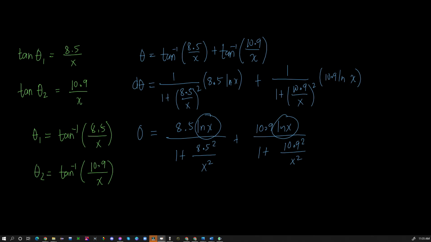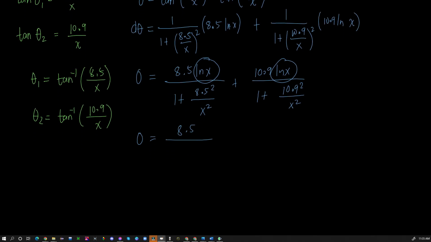Then, kung mag-factor out ta, i-divide na to siya sa pikas, so automatic mawala rin ang ln x. So, pwede na to na siya mainman 0 is equals to 8.5 over 1 plus, okay, ato na lang siya nga algebra. Ma-multiply diri, so natay x squared plus 8.5 squared.